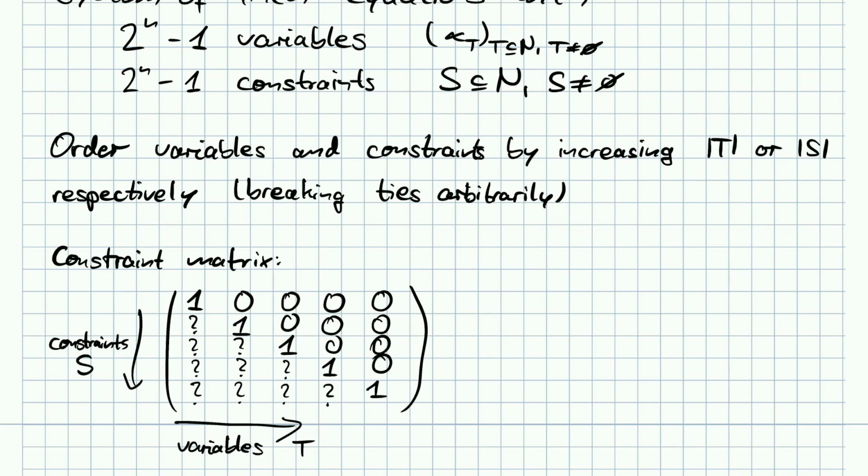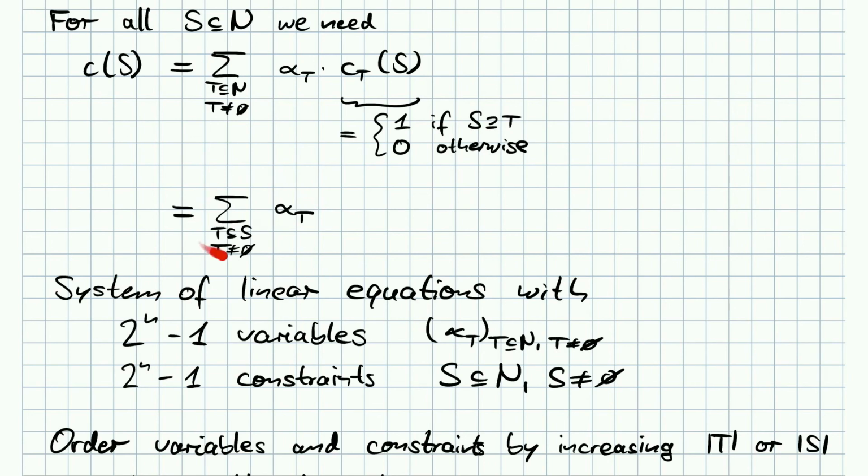More generally speaking, for any of these rows, we'll have a 1 here on the diagonal because the respective constraint always includes the variable for t being equal to s.